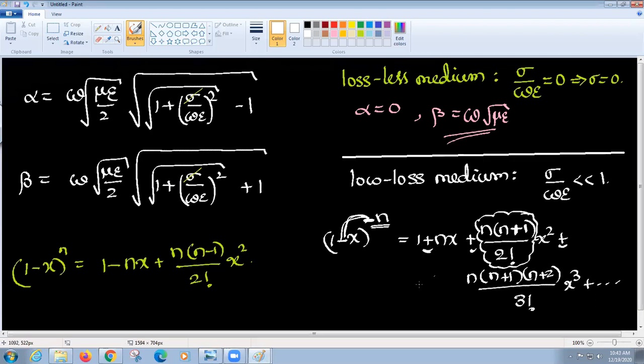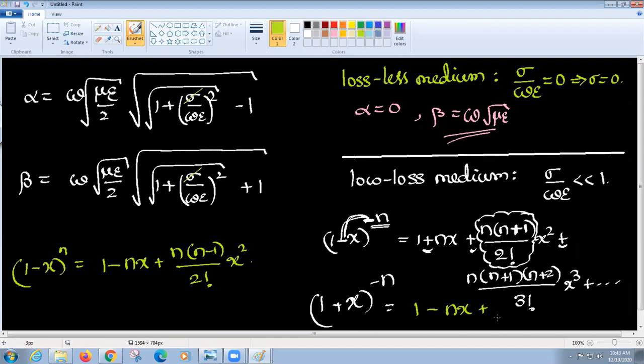And what about one more case? What do I have? I have 1 minus 1 plus x power minus n. Then what do we get here? Alternate negative and positive: 1 minus nx, plus what?